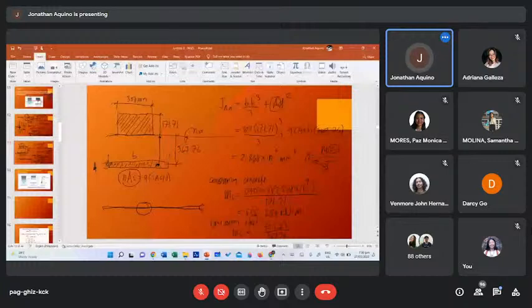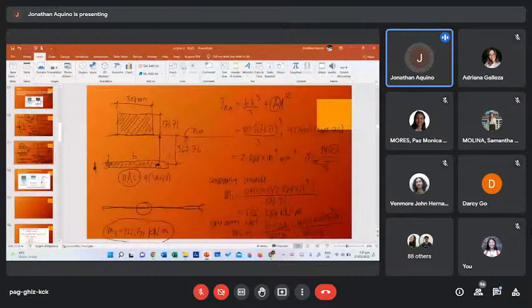So the moment capacity is 121.31 kilonewton meter. Okay? So again, mas maliit pa rin yung moment capacity ng steel compared sa moment capacity ng concrete natin.